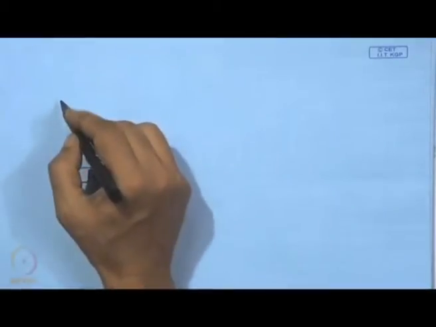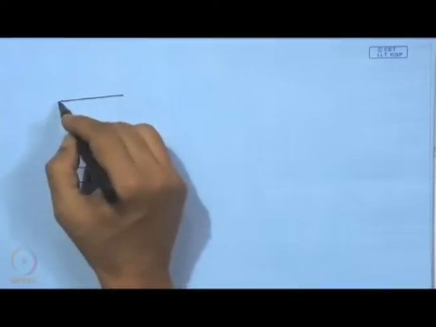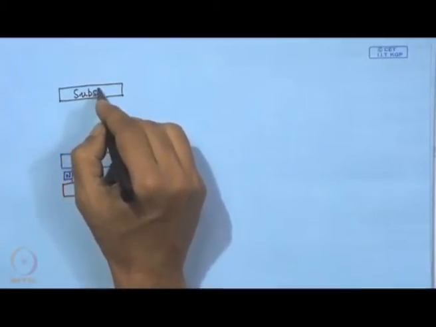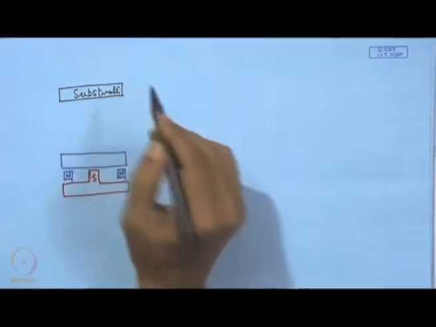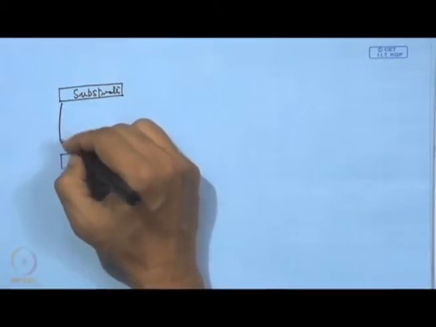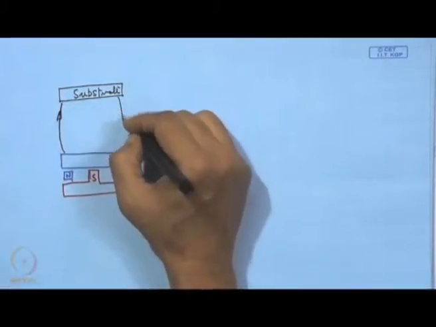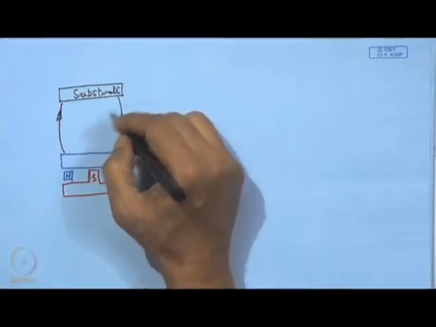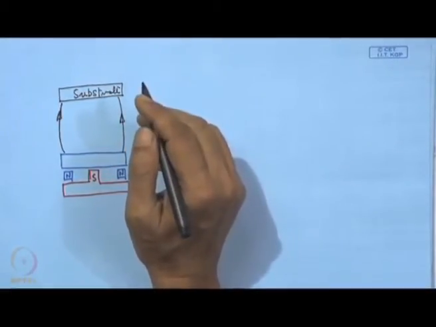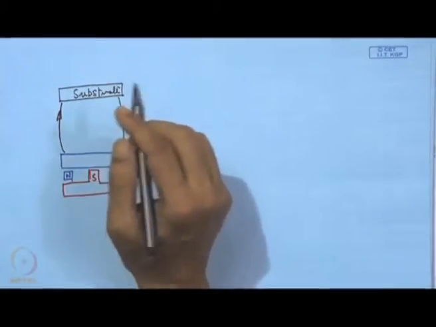Here, if this is the substrate, definitely the plasma can be stretched and directed towards this surface, and it is obviously advantageous in comparison to a balanced magnetron.